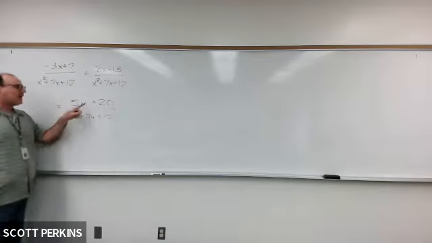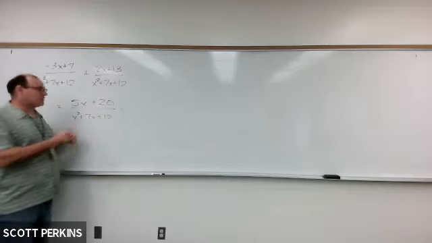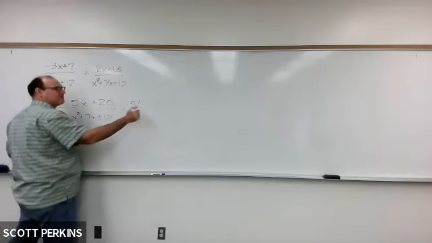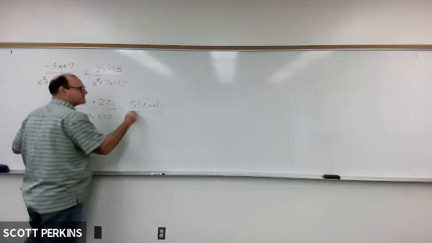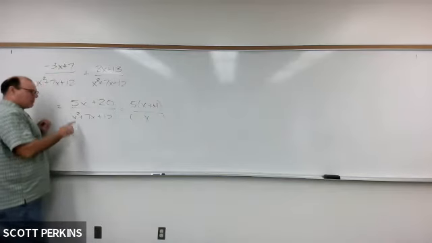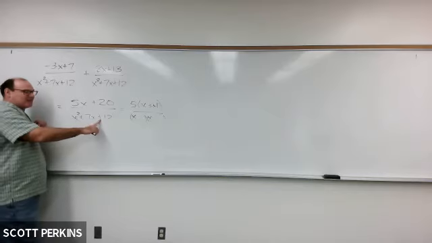So in the top, how can I factor the top of this? A 5. Yes, we can factor out a 5. And when I do that, 5x, I factor out the 5, leaves me x. 20, I factor out the 5, leaves me plus 4. In the denominator, I've got x squared plus 7x plus 12. The x squared is x and x. This tells me my signs are the same.